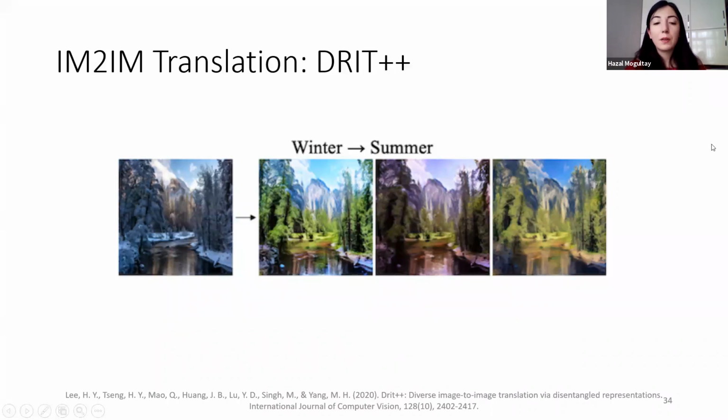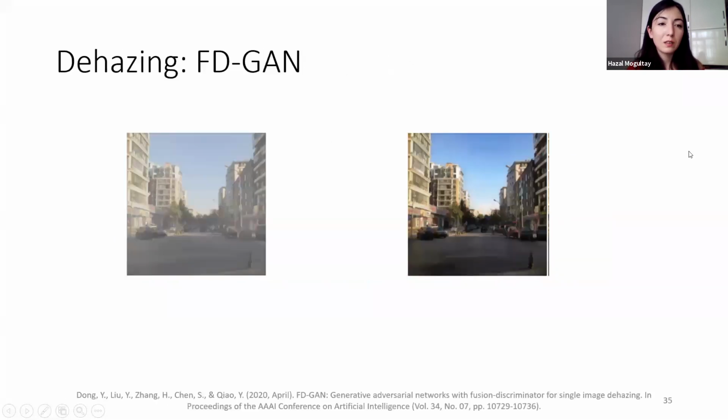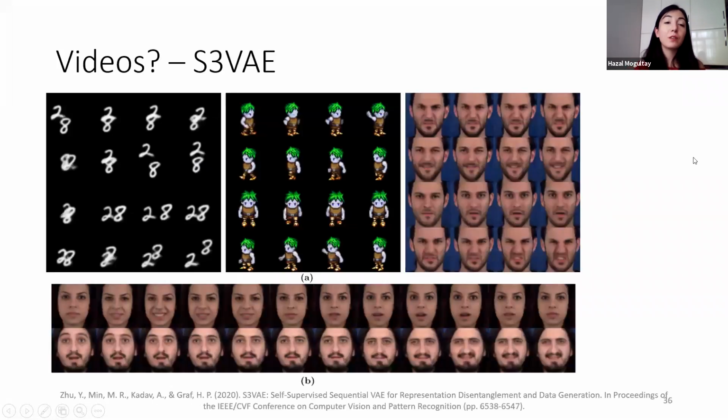So what other problems can we solve with disentanglement? There's dehazing, where you can use FDGAN, and of course there are several other models that solve the hazing problem. And if you have some videos or time series information, you can use disentanglement for classification or frame generation.